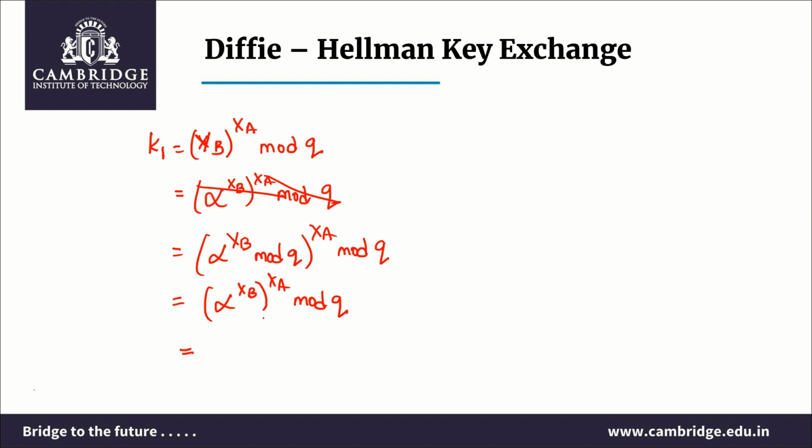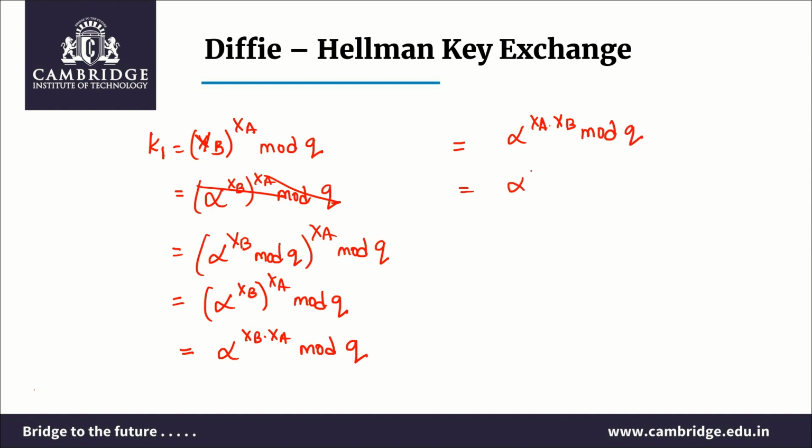Now, as per the law of identity, can I write this as alpha power XB into XA mod q? Obviously. Further, can I write this as alpha power XA into XB mod q? Yes, I can.